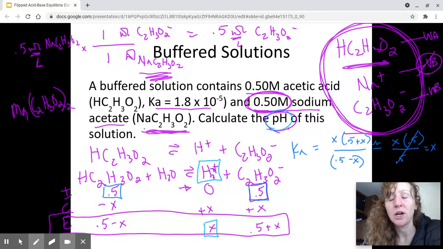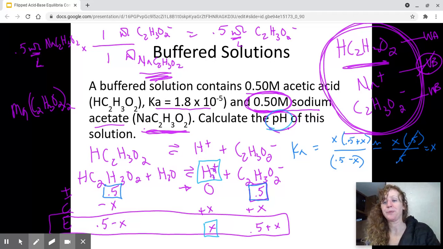Now, pause and mathematically think: that's not always going to happen, right? The only scenario in which that's going to happen is when they're equal. If they're not equal, then they're not going to reduce out. Okay, so I have my x now, and I can calculate my pH.